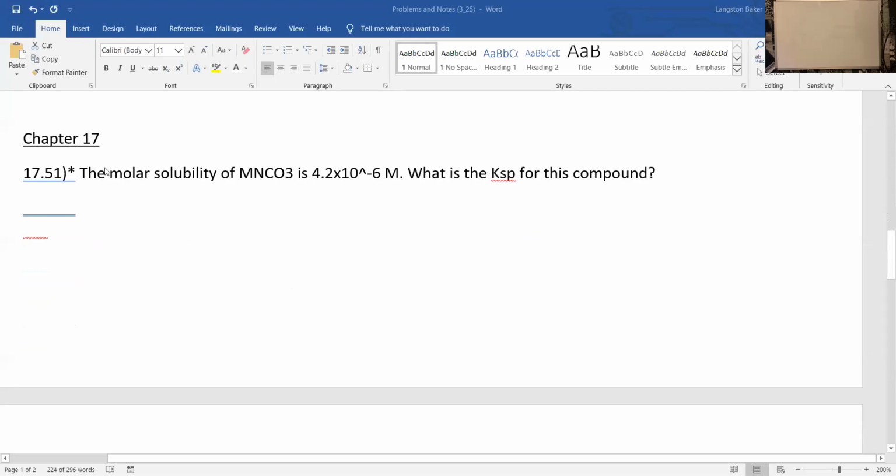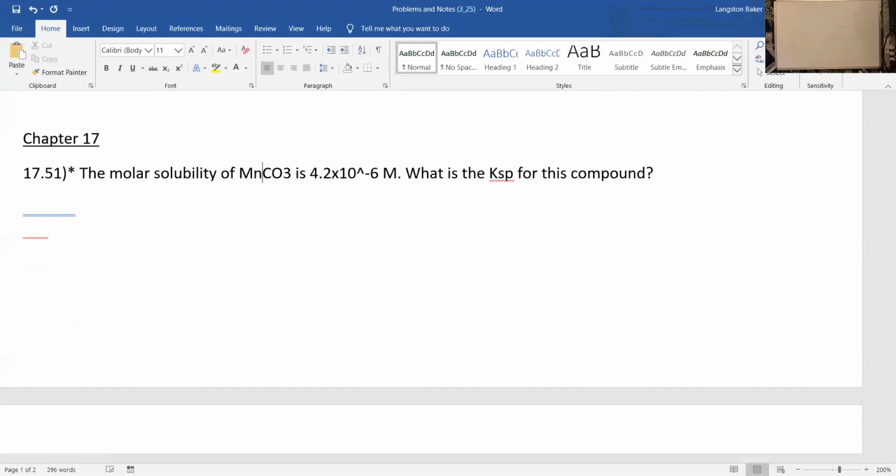Okay, so we're going to look at this question right here. It's one of your suggested problems. I think this N is supposed to be lowercase, or that's supposed to be magnesium. Okay, take your pictures. We're looking at magnesium carbonate, and we know the molar solubility is 4.2 times 10 to the negative 6.